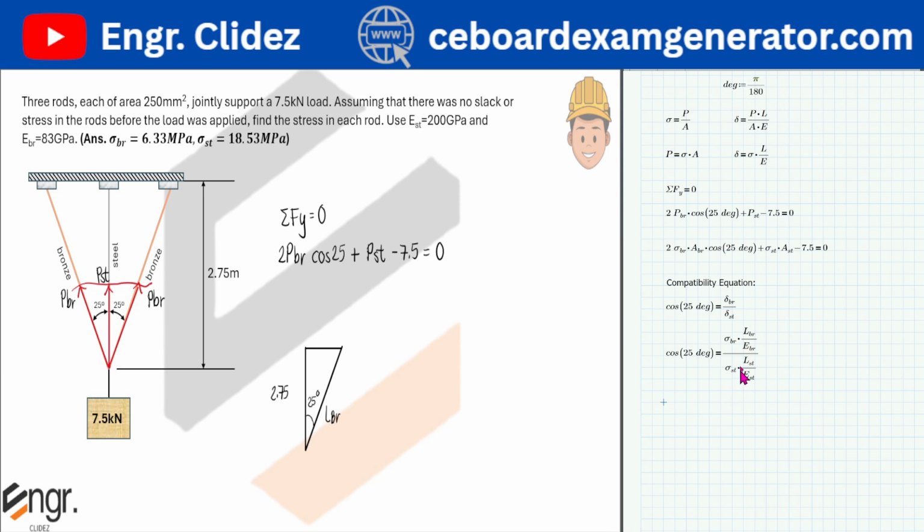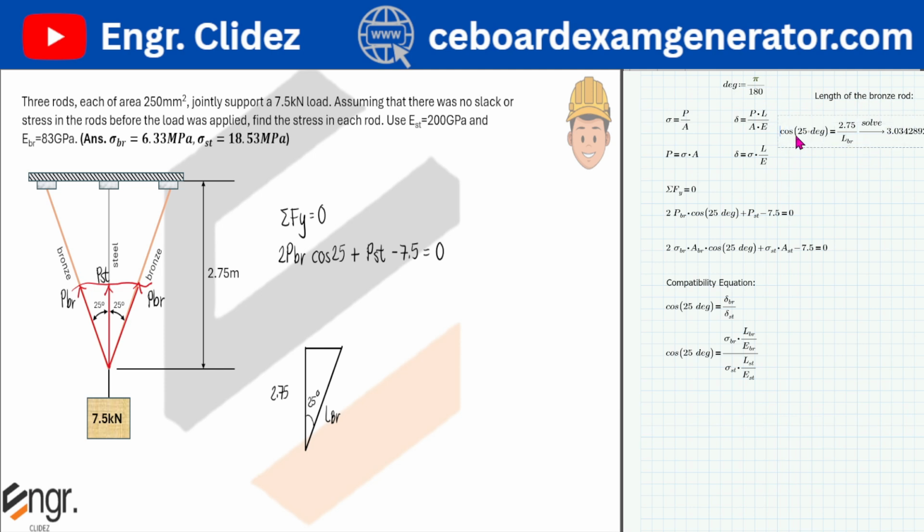To solve the length of the bronze rod, we can use the cosine function since we have the adjacent side. Cosine of 25 degrees is equal to 2.75. This is the adjacent side to the reference angle. So we have 2.75 divided by the length of the bronze rod. So we can now solve the length of the bronze rod, which is 3.034.